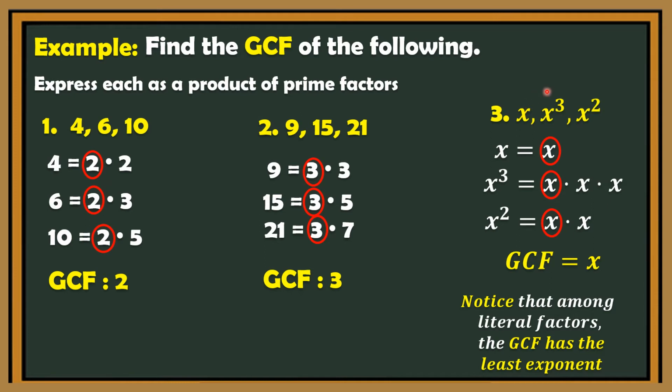Look at this. Exponent of this is automatically 1. This is 3. This is 2. And the least exponent is 1. Therefore, this is the greatest common factor.